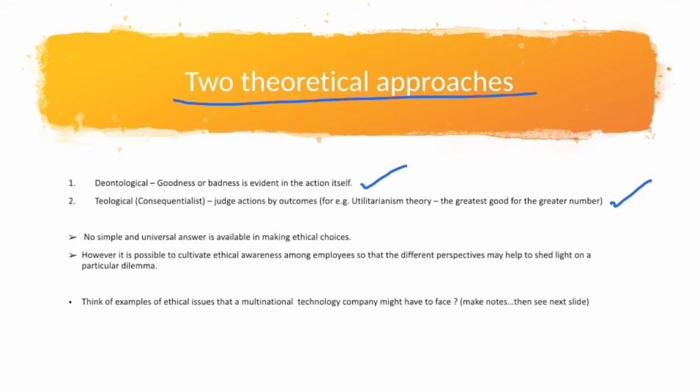So no simple and universal answer is available in making ethical choices. However, it is possible to cultivate ethical awareness among employees so that different perspectives may help to shed light on a particular dilemma. Think of examples of ethical issues that a multinational technology company might have to face, make notes, and then see the next slide.